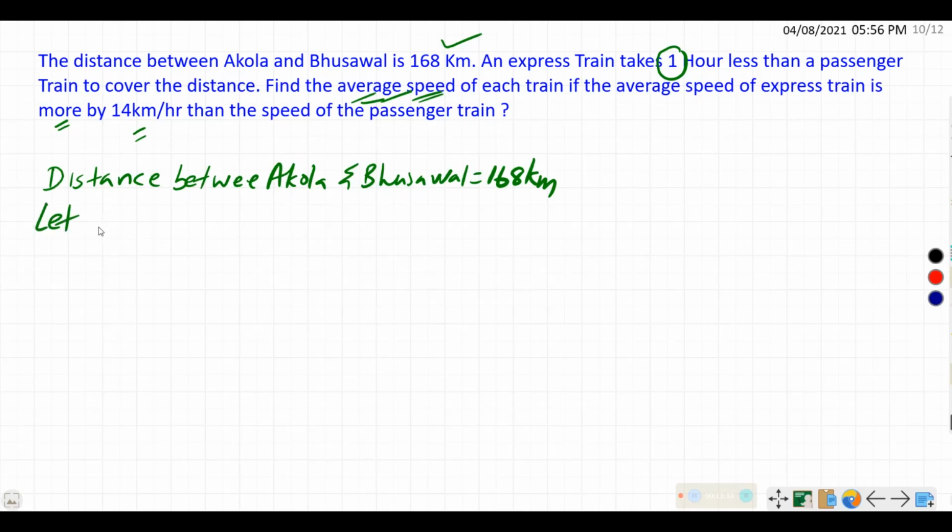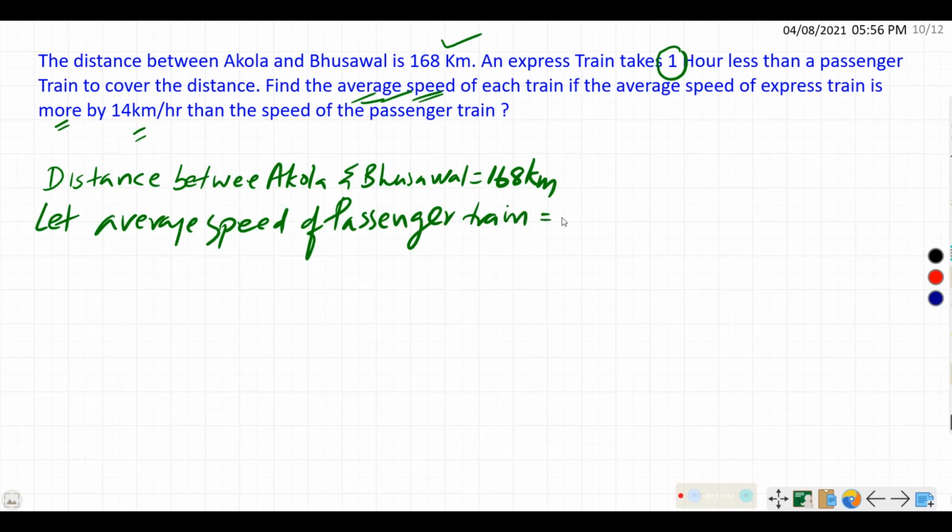Let us assume. And in that case the speed of express train, we can say that x plus 14 km per hour.